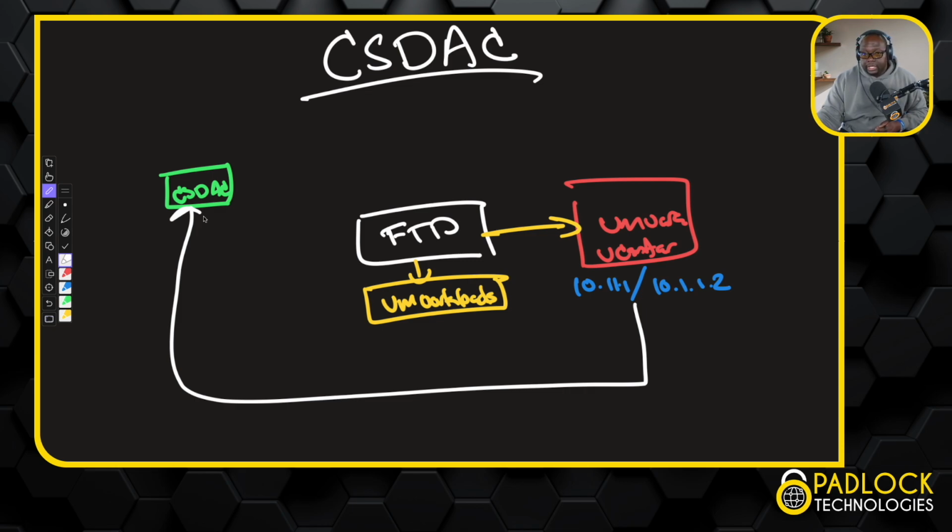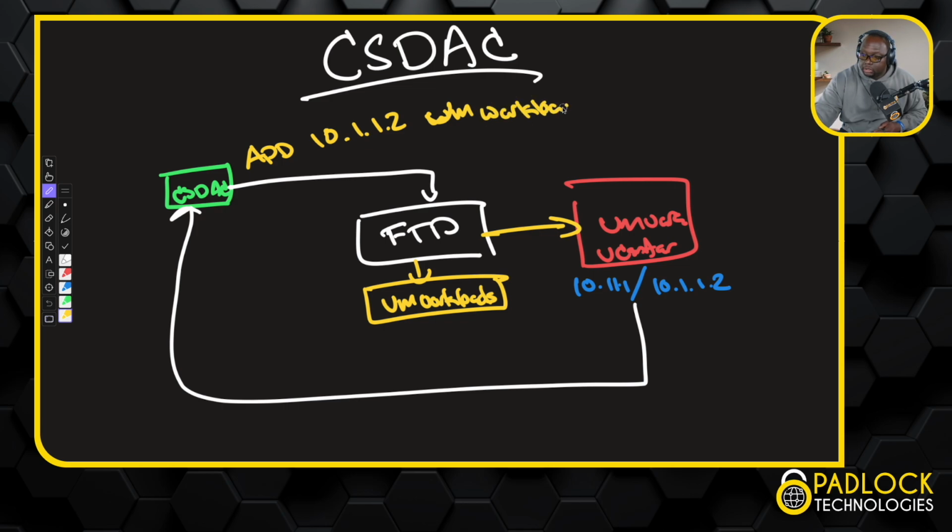And then what CSDAC would do is tell the FTD, hey, we just added, please add 10.1.1.2 to the VM workloads dynamic object.